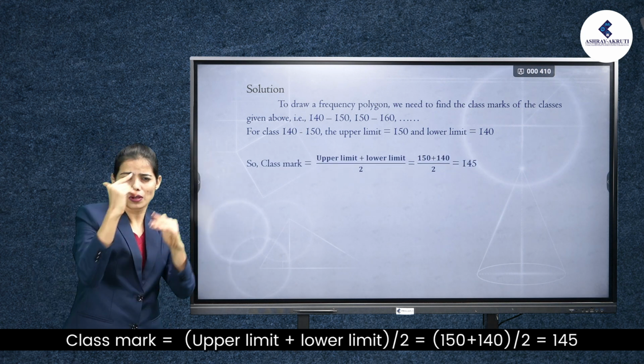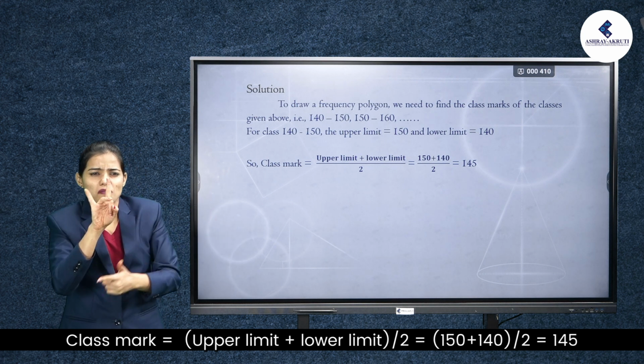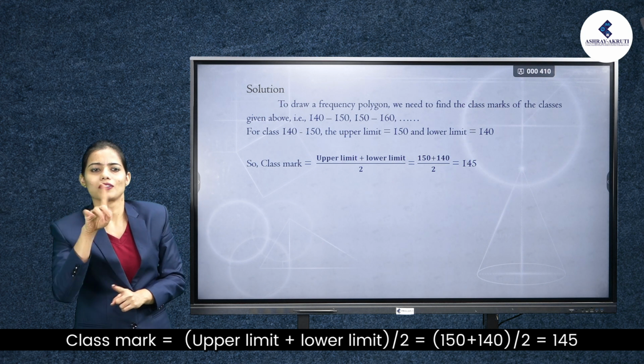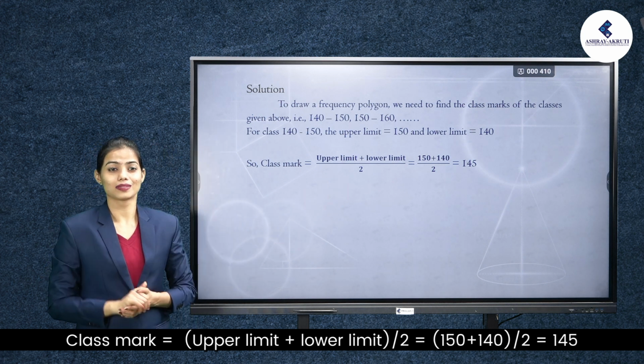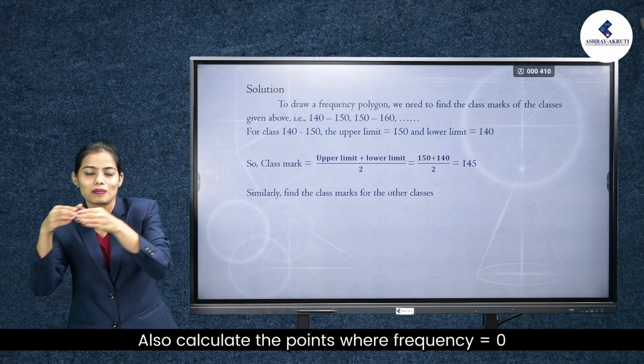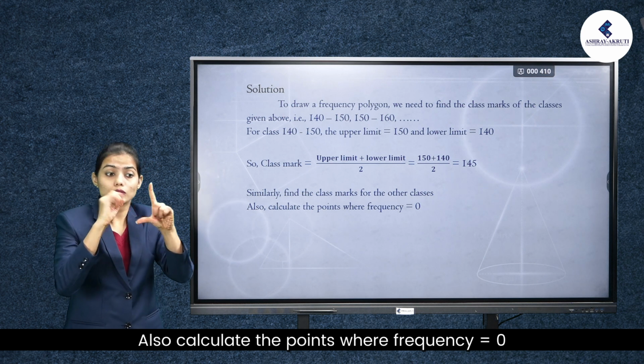So, class mark is equal to (upper limit plus lower limit) by 2, which is 150 plus 140 by 2 is equal to 145. Similarly, find the class marks for the other classes. Also calculate the points where frequency is equal to 0.